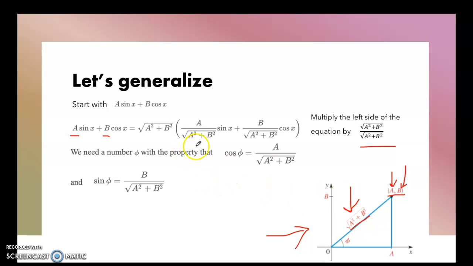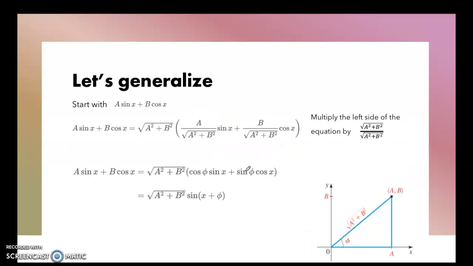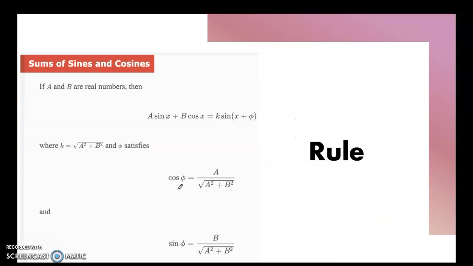And when we do that, we get this constant out here, but this is just cosine, and this is just sine, like I have down here. Okay? And so once we've done that, we can just say, oh, well, that's just cosine phi sine x plus sine phi cosine x, which is sine of x plus phi. And this root a squared plus b squared is the hypotenuse, but it's also a constant that we're going to have out in front. And so here's the rule.